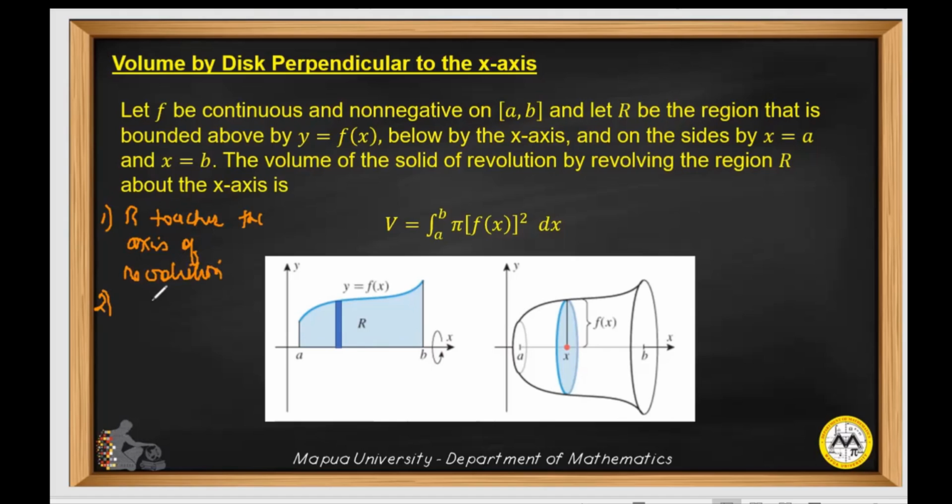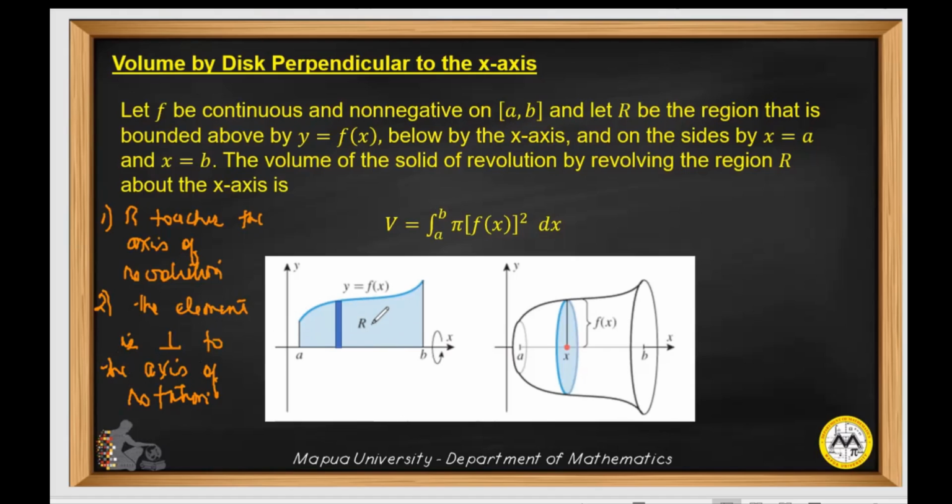And the second requirement: the element is perpendicular to the axis of rotation. Let us consider a function f which is continuous and non-negative on the closed interval from a to b.